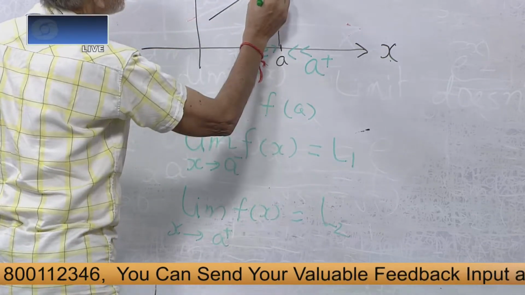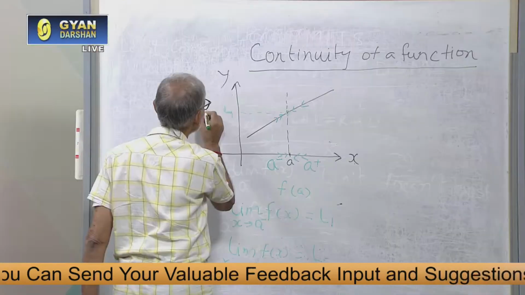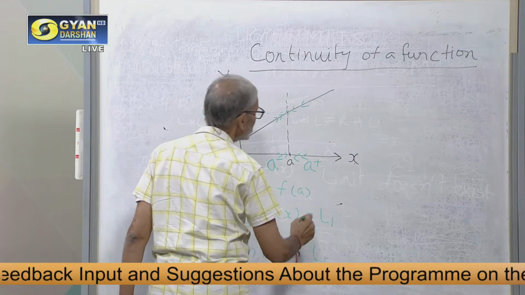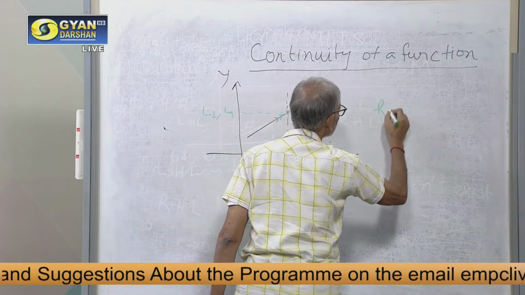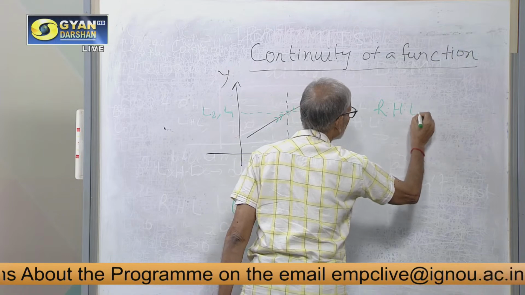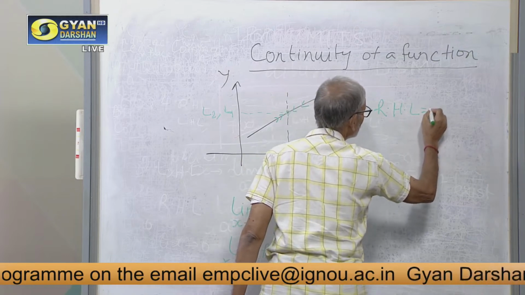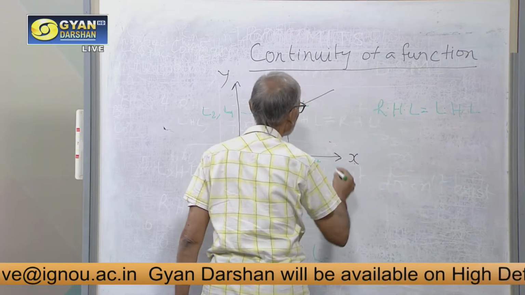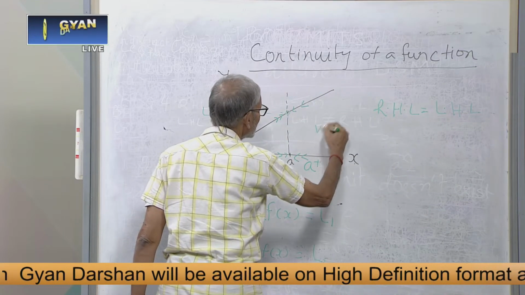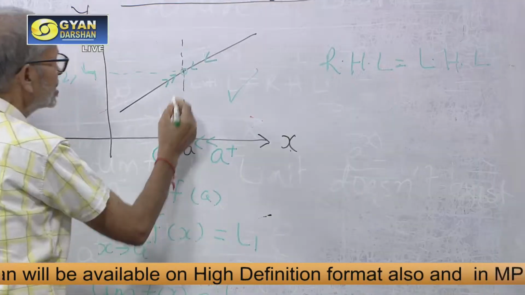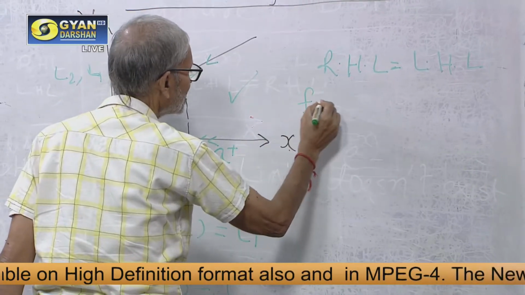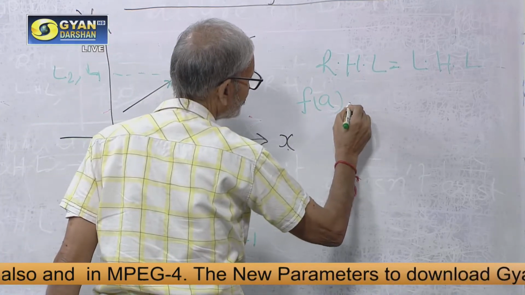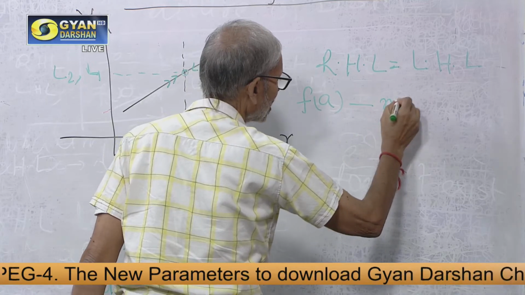You can see that L2 is also here. So, L1, L2 are at the same point. So, RHL is equal to LHL. So, in this case the limit exists, but f a does not exist. f a not defined.